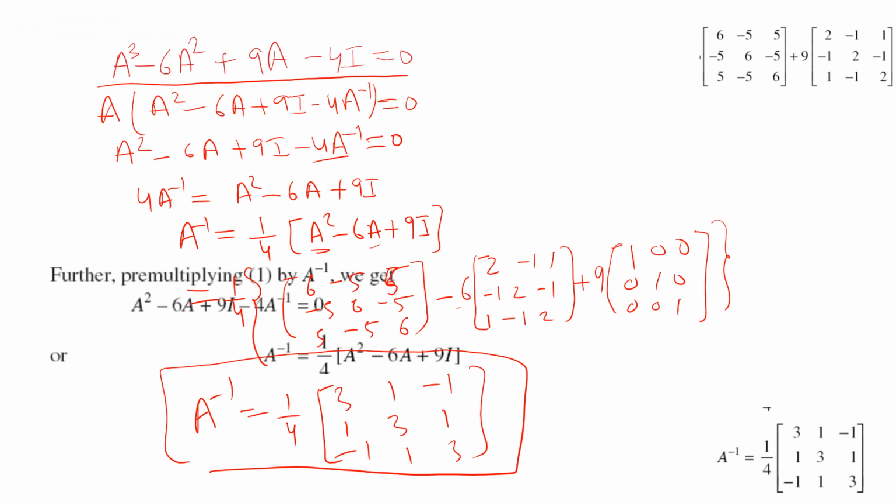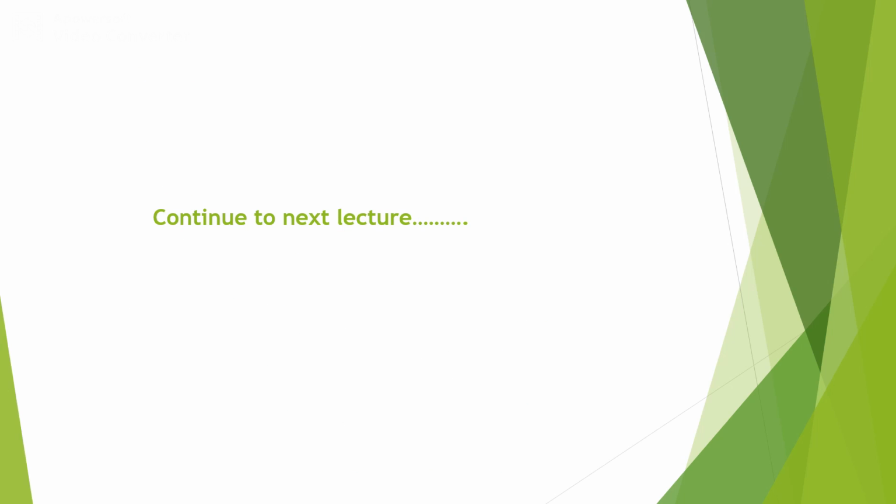But you have to remember that first of all, we have to verify the Cayley Hamilton theorem, and after verifying, if the theorem is verified, then we find the inverse. Okay students, the remaining topics will be covered in the next lecture.